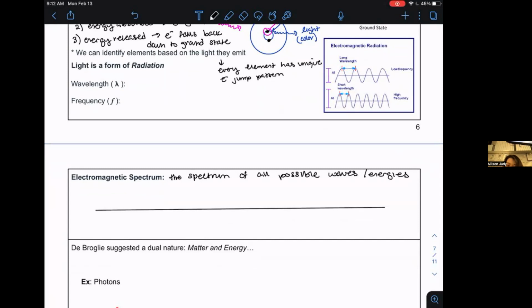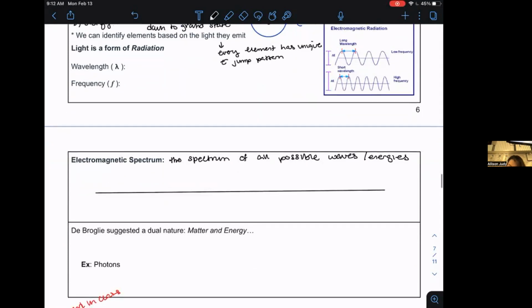So what we have for the electromagnetic spectrum is, at the low energy, okay, this is the low energy side, and this is the high energy side. At the low energy side, we have radio waves.